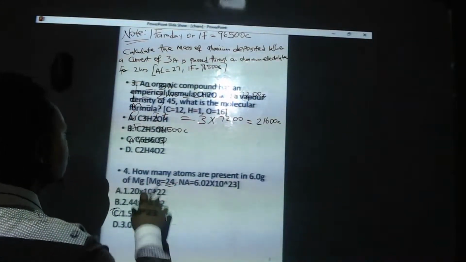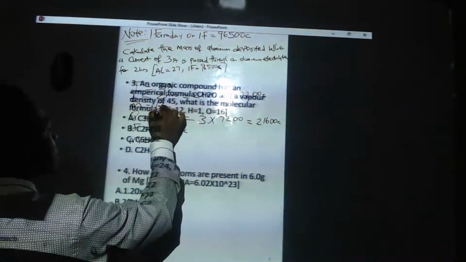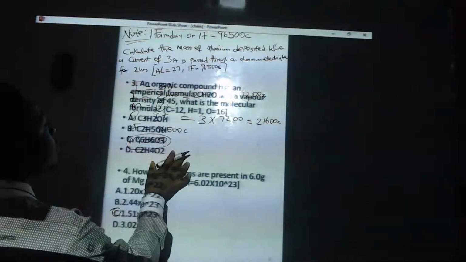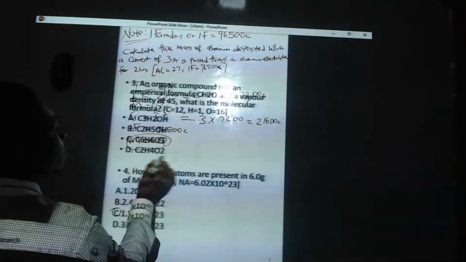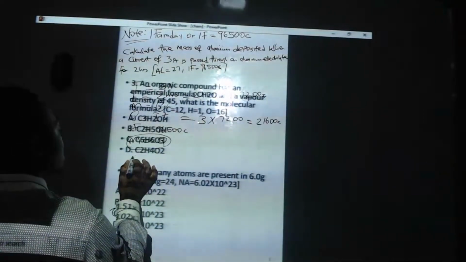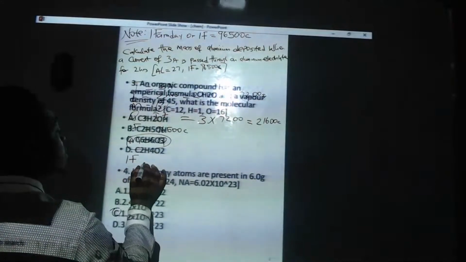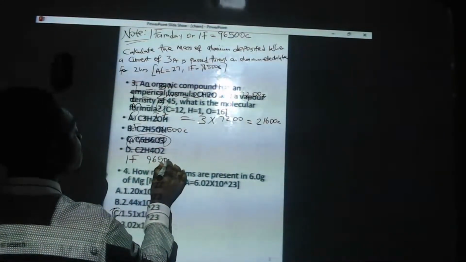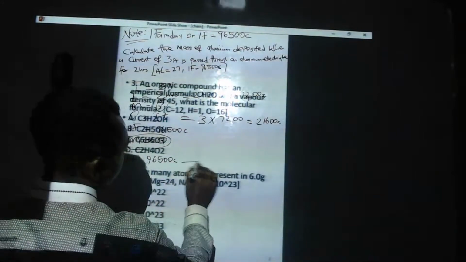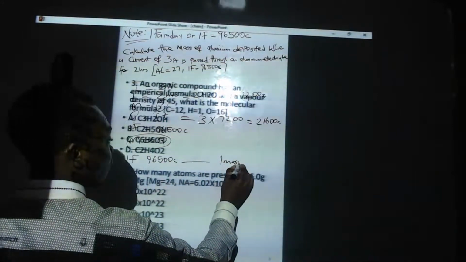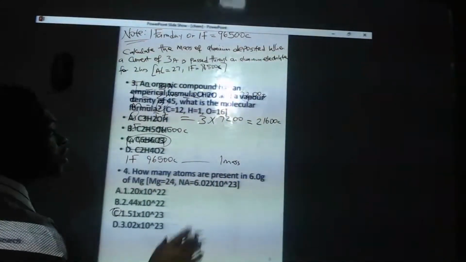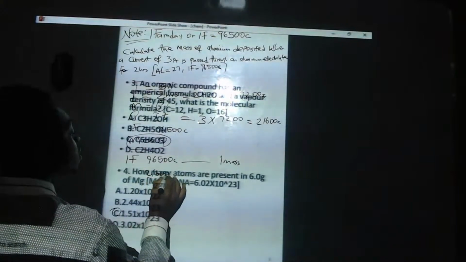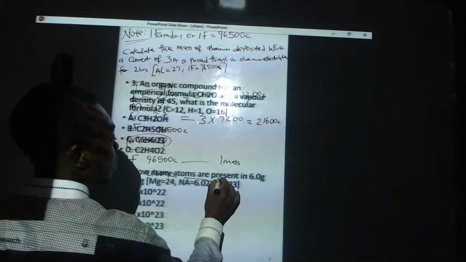Now, how do we get our mass? That's the question here. It's very easy. Since 1 farad, which is 96500 coulombs, is to 1 mass of an element discharging in electrolysis, therefore 21600 coulombs is to X mass.